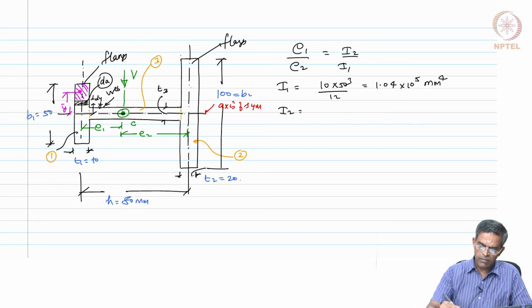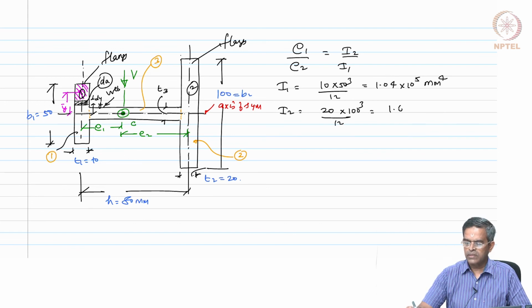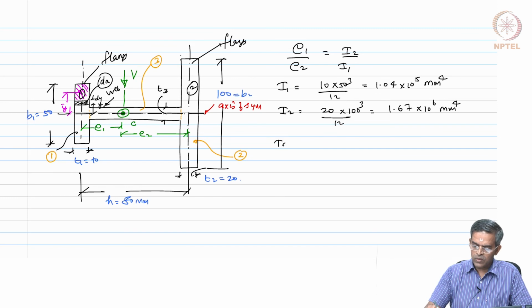This is the second member, this is the first member. 20 into 100 cube by 12, which is 1.67 10 power 6. Okay. We say the total moment of inertia I is I1 plus I2. Let us neglect the I from member 3.